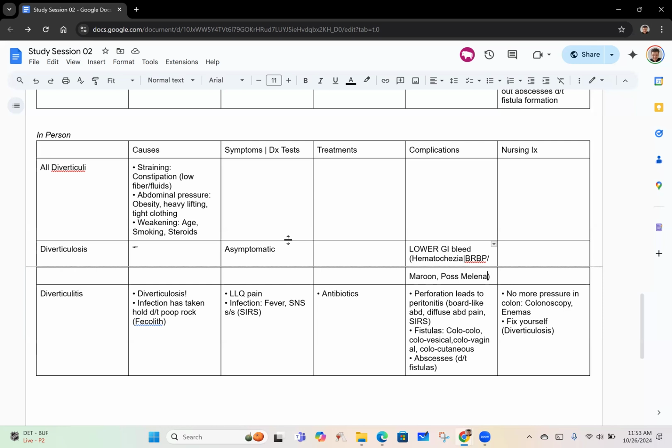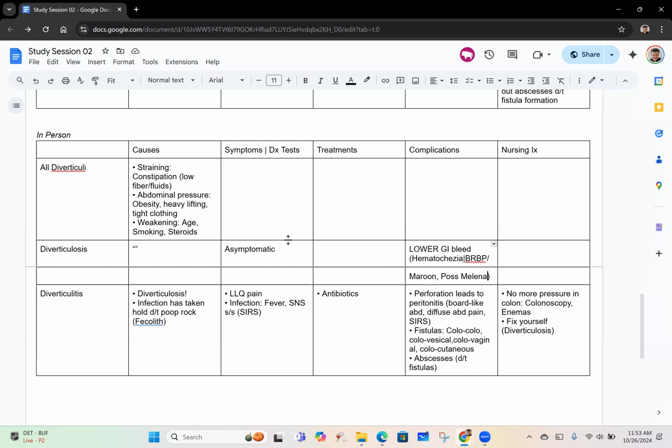So a critical thinking question: the patient has, let's say, maroon stools, and which one is it, diverticulosis or diverticulitis? You know that lower GI bleed is here, but do you know what lower GI bleed means? Or the patient has low H&H, which one of these disease processes might have caused that? Or the nurse is recommending a high fiber diet.